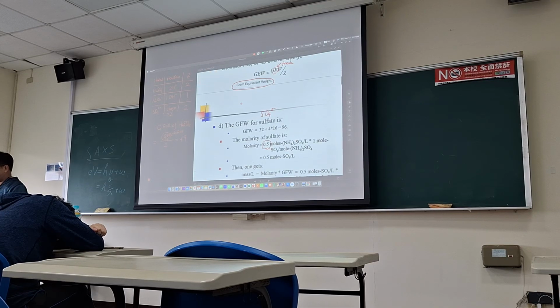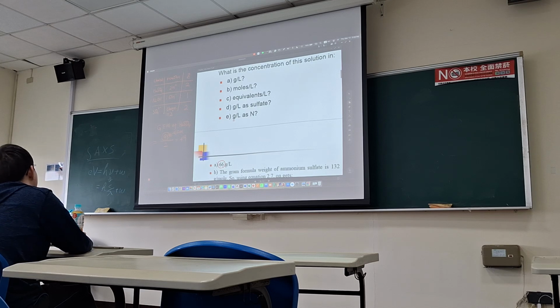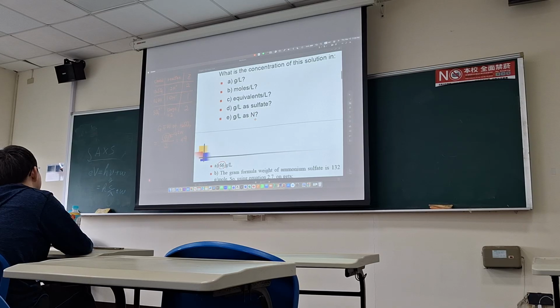Okay. Question E. Let's see. Question E asks us to find out the gram per liter as N. The N here is not normality. The N here is nitrogen. Note that.